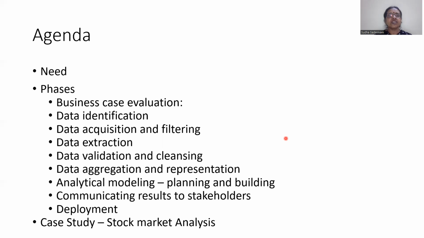So this is the basic agenda for the presentation. It involves the various cycles and phases in the big data analytics life cycle.